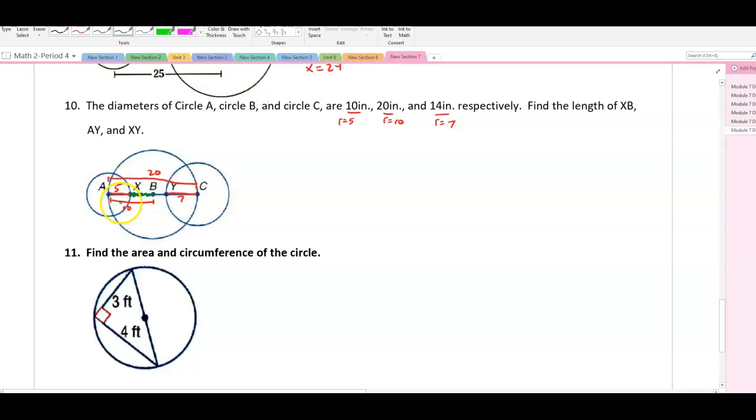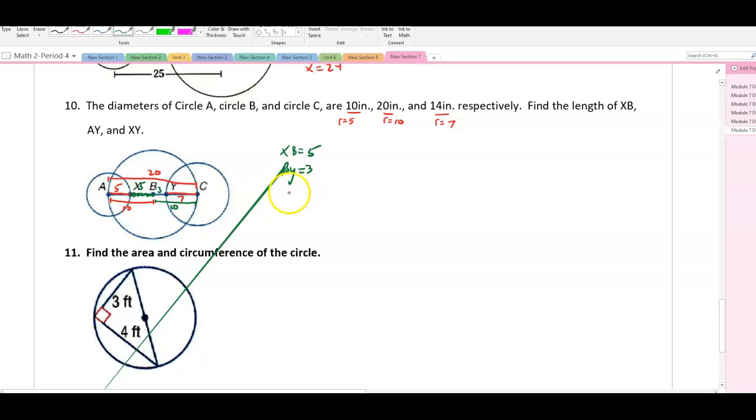Okay, well, think about it. If this radius is 10 and that's 5, you know right away that this segment is going to be 5. So right away, we see that XB is 5. Now, BY, what you have to understand is if this radius is also 10, 10 minus 7 gives me 3. So BY is 3.